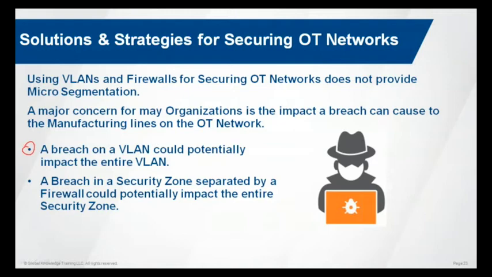This is because of the same trust relationship that exists. If one control system is compromised, every control system within that same VLAN is at risk. And the same thing applies to zones, if you use zones to segregate these compartments on your network.